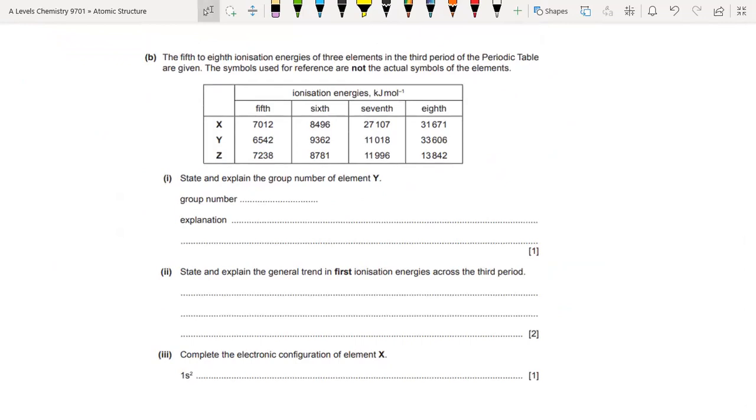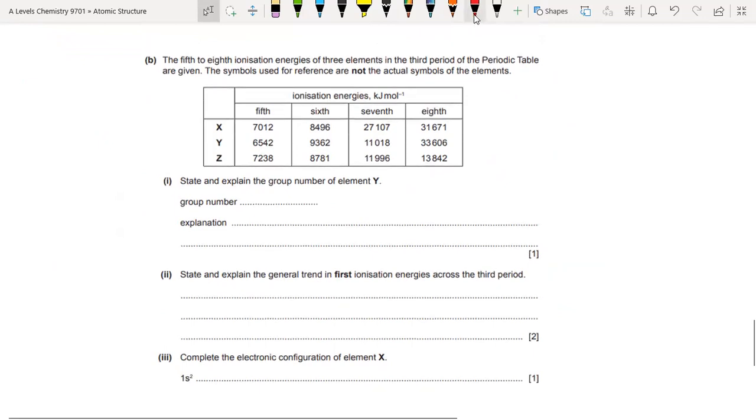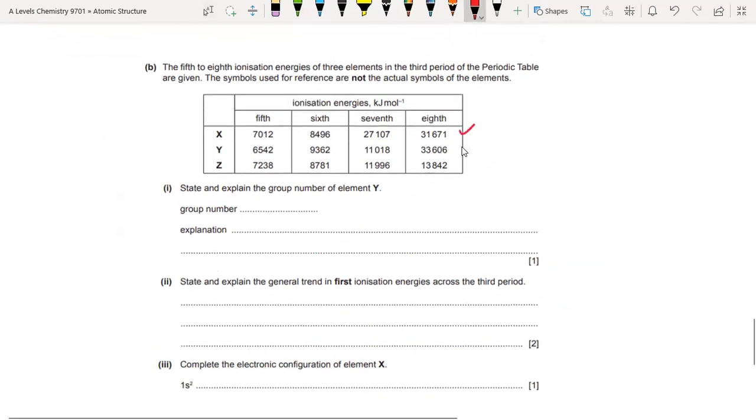The fifth to eighth ionization energies of three elements in third period. Which period is this? This is third period elements ionization energies table. The symbols are not actual symbols: X, Y, and Z.